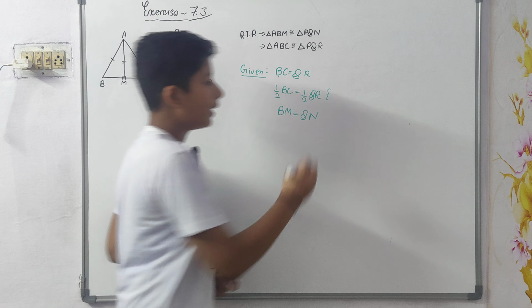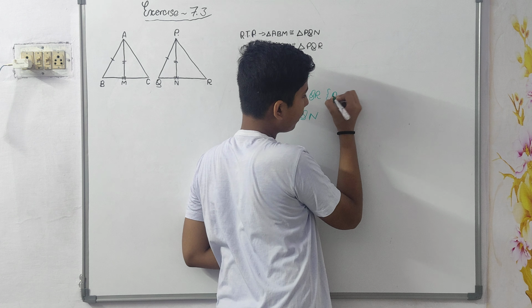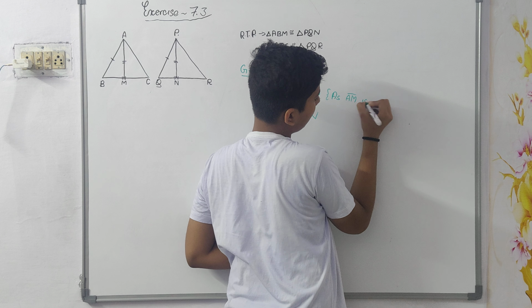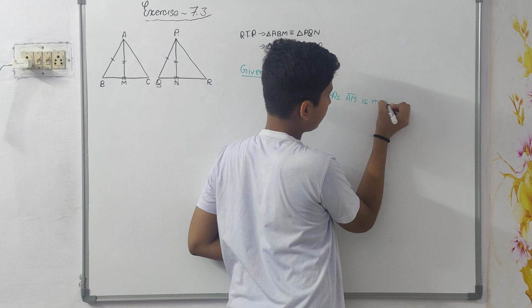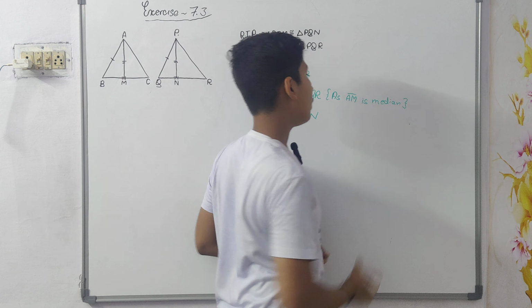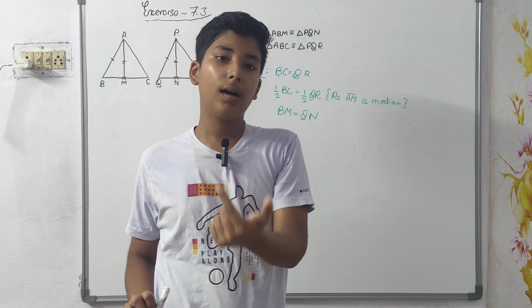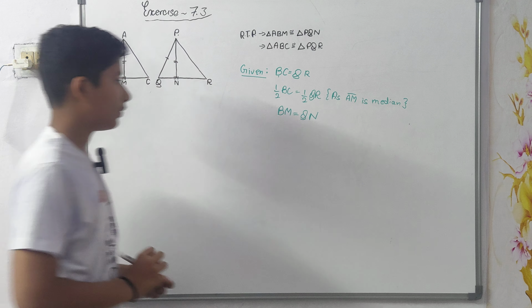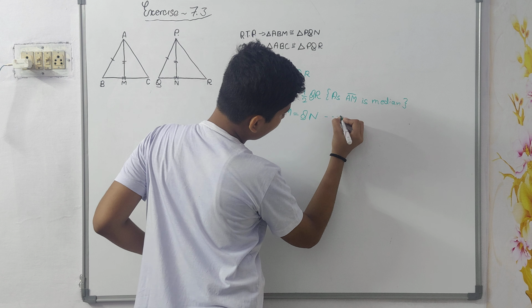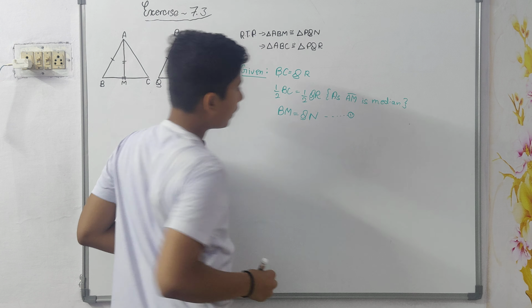And here write that AM is the median. As AM is median, the median bisects a line into two equal halves. So BM equals QN. Here writing number 1.